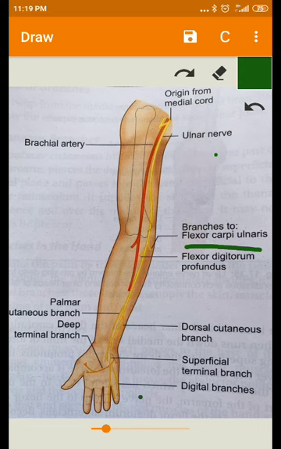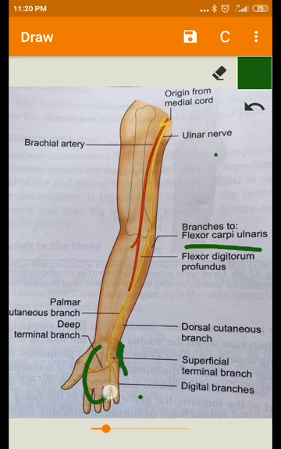Under the cover of flexor carpi ulnaris it becomes cutaneous in the distal fourth of the forearm. Okay, it then winds around the medial side of the wrist to reach the dorsum of the hand.